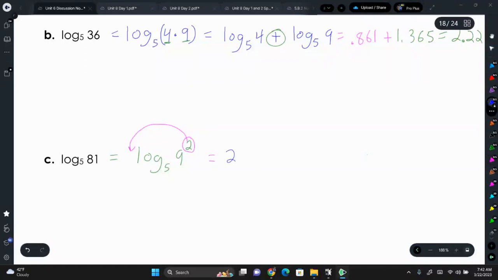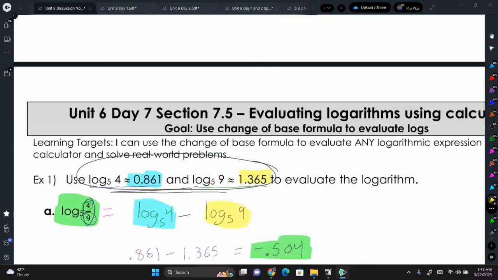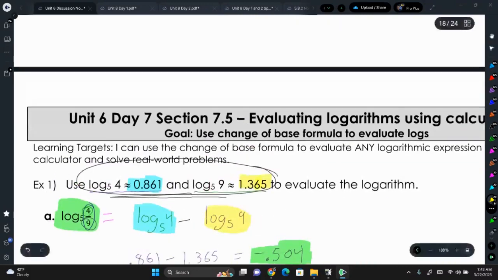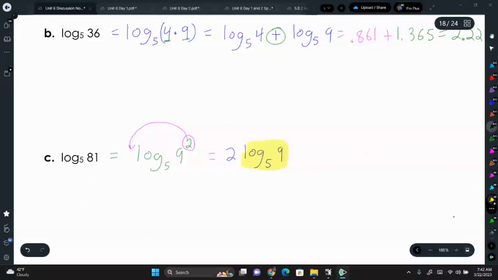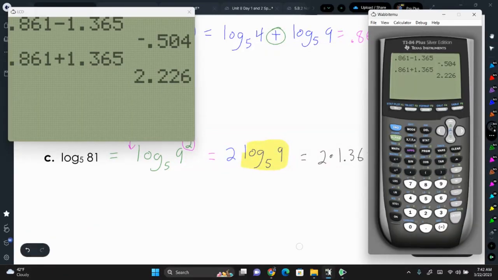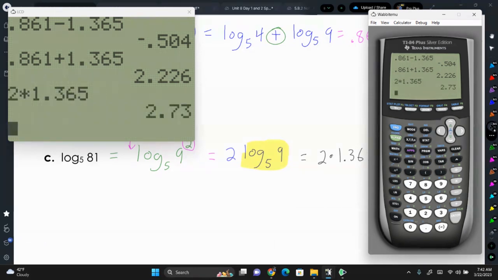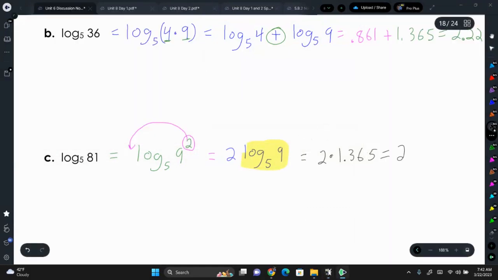So this is going to be 2 times the log base 5 of 9. And we know that log base 5 of 9 is equal to 1.365. So this is going to equal 2 times 1.365. 2 times 1.365 is 2.73.